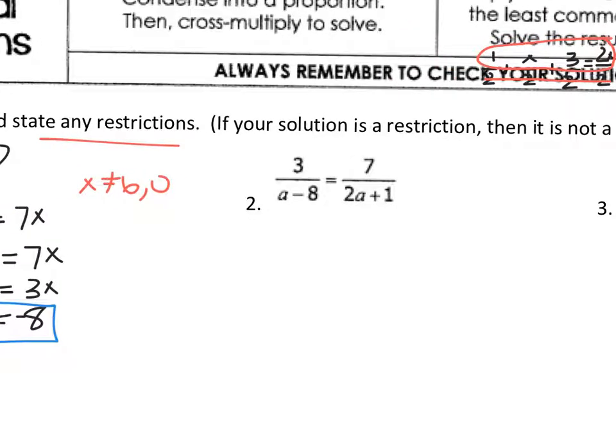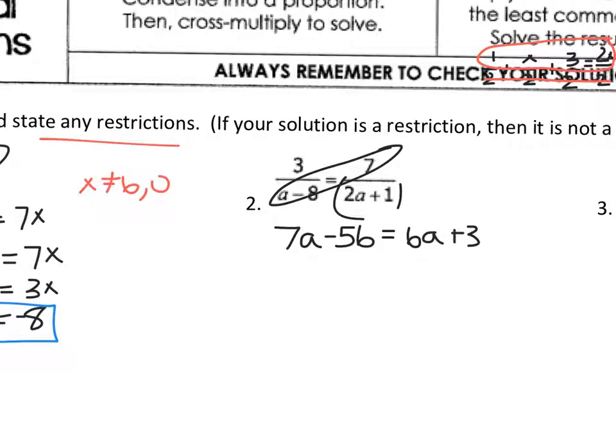Okay, the second one. I'm going to cross multiply, and I get 7a minus 56 equals 6a plus 3, because I multiplied this by 3.